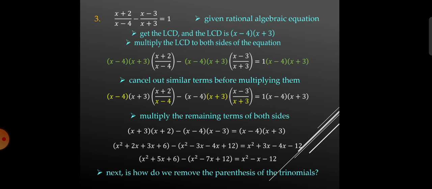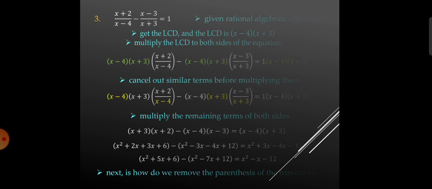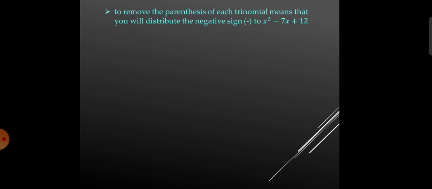Next is how do we remove the parentheses of the trinomials. Remember, the parentheses are still there on the two trinomials. So what will happen? To remove the parentheses of each trinomial means that you will distribute the negative sign to the second trinomial, x squared minus 7x plus 12.